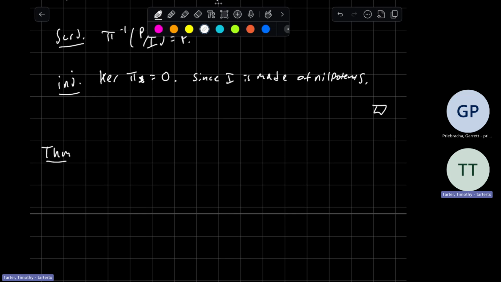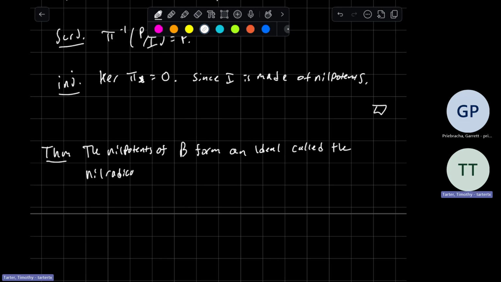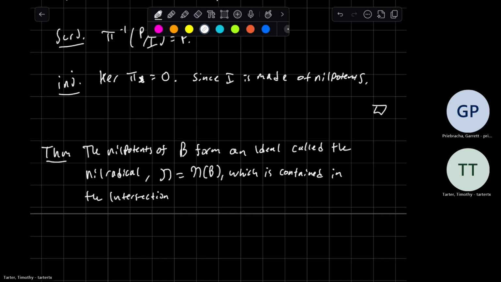An associated theorem is that the nilpotents of B form an ideal called the nilradical, which is denoted by something like script N, and which is contained in the intersection of all prime ideals.